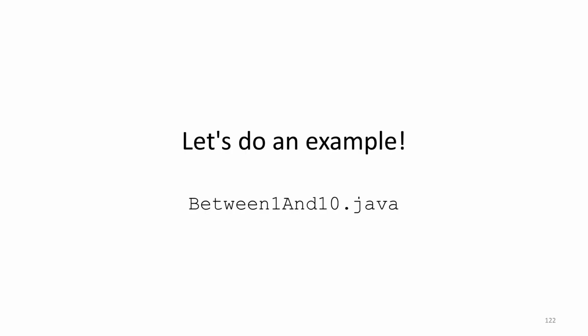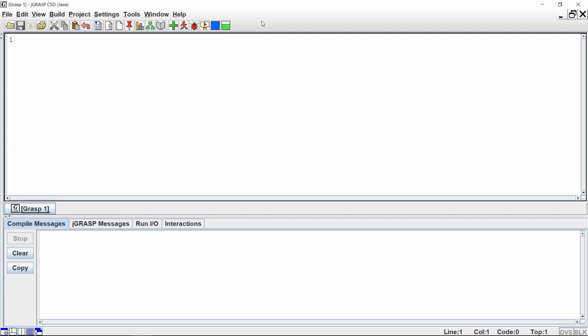So with that, let's go into JGrasp and do an example of bounds checking. What we'll do is create a program that asks the user to enter an integer between 1 and 10 inclusive, and the program will output a message, the integer is within that range. This program is going to be called Between1And10. So let's go ahead and set up the program skeleton.